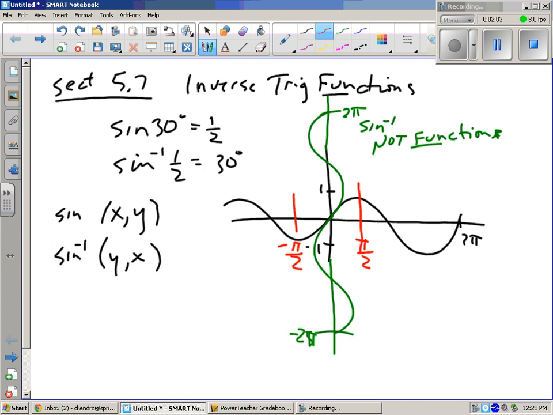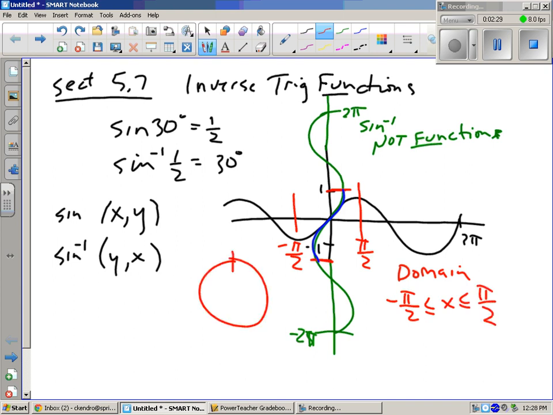So our domain is restricted. That way, when we look at the green graph, it'll go from here to here, and the blue is now considered a function because the vertical line test works. So our domain is from -pi over 2 to pi over 2.